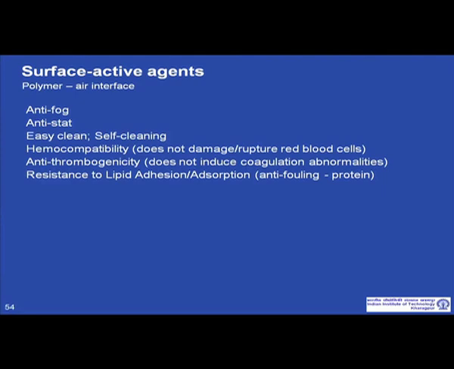In those cases, the polymer surface comes in contact with biological fluid. Now, the surface of the polymer should be such that it does not interfere with the normal biological processes, or start the coagulation process in the biological fluids.